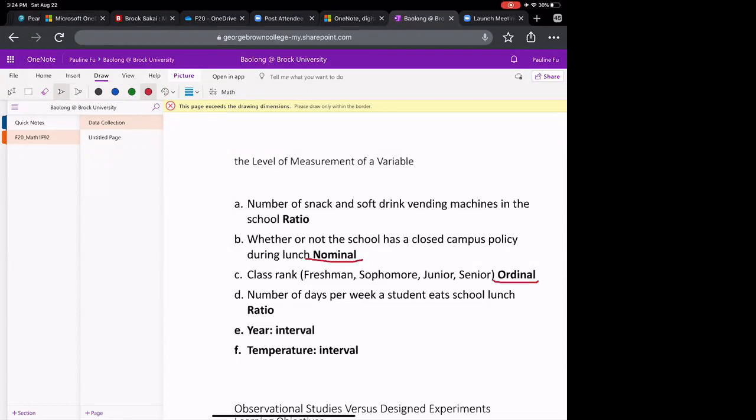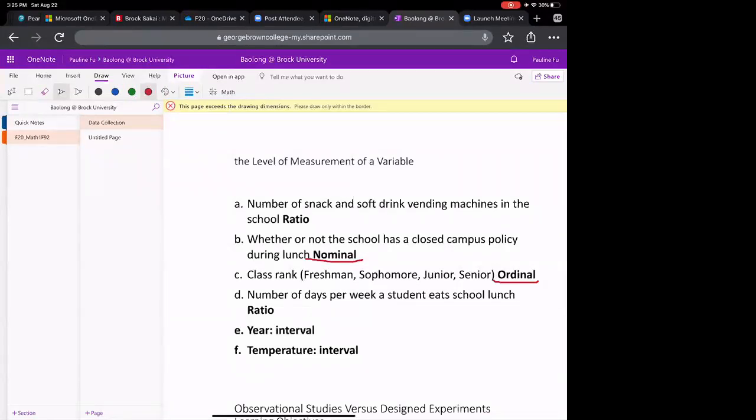Next is ordinal data. Ordinal data has the property of nominal data. It is the name or label of an object or people, and it has a specific order.